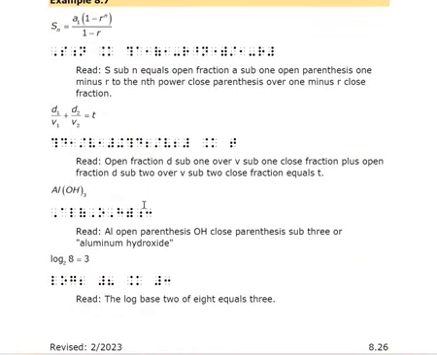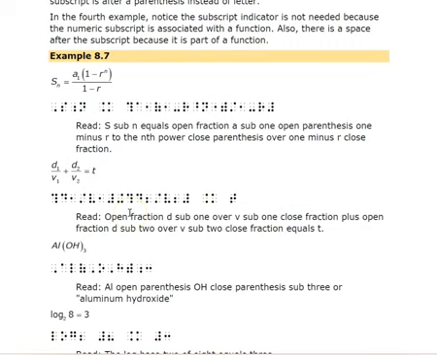Example 8.7 has a lot of these examples. Oh, they look nice and hairy, don't they? We got S sub n equals open fraction, a sub 1, open parentheses, 1 minus r to the nth power, close parentheses, over 1 minus r, close fraction.